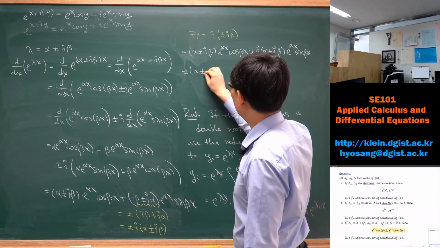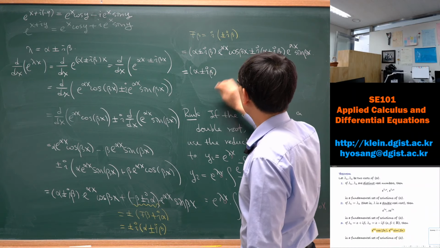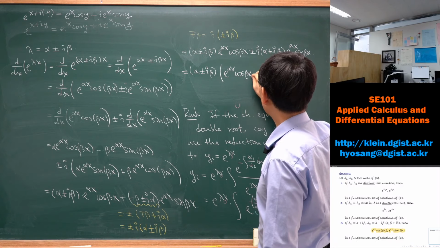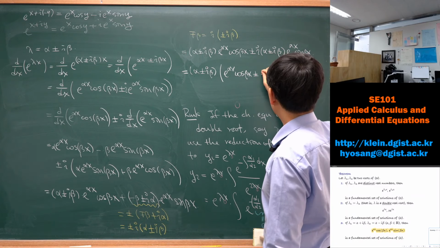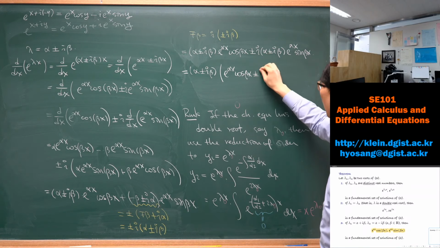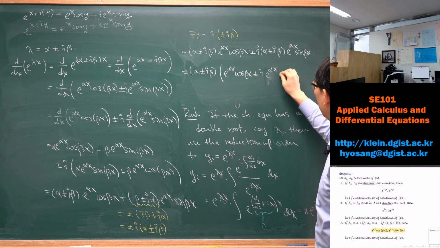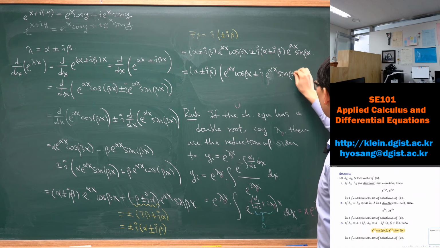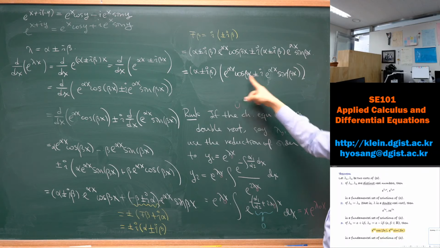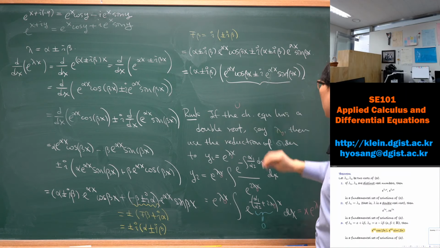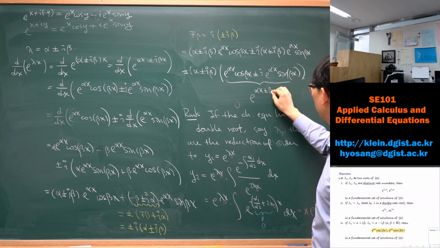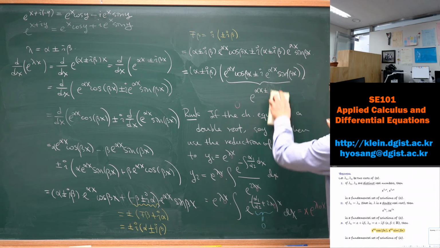We get alpha plus minus I beta, and then e to the alpha x cosine beta x plus minus I times e to the alpha x sine beta x. And what was this guy? This guy is nothing but e to the alpha x plus minus I beta x.